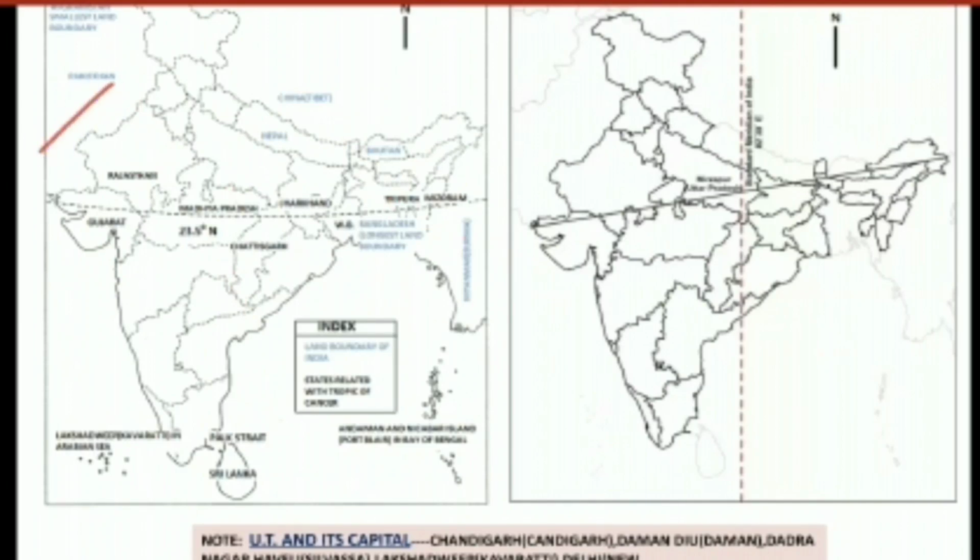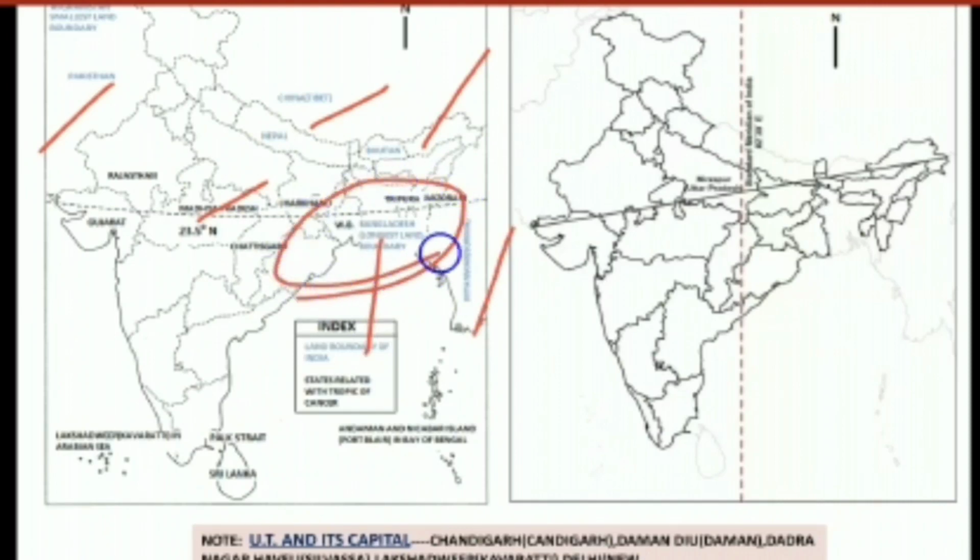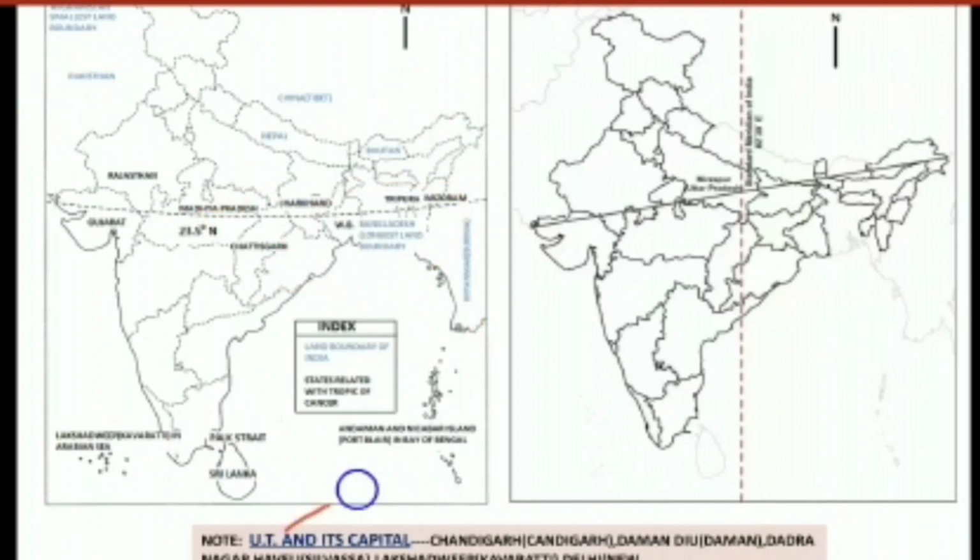Those are Pakistan, Nepal, China, which is simply known as Tibet, Bhutan, Bangladesh and Myanmar. Myanmar is also known as Burma. The longest land boundary is Bangladesh, and the smallest one is Afghanistan. We have two islands, that is Andaman and Nicobar, which is situated in Bay of Bengal. The capital is Port Blair, and the Lakshadweep, the capital is Kavaratti, situated in Arabian Sea.